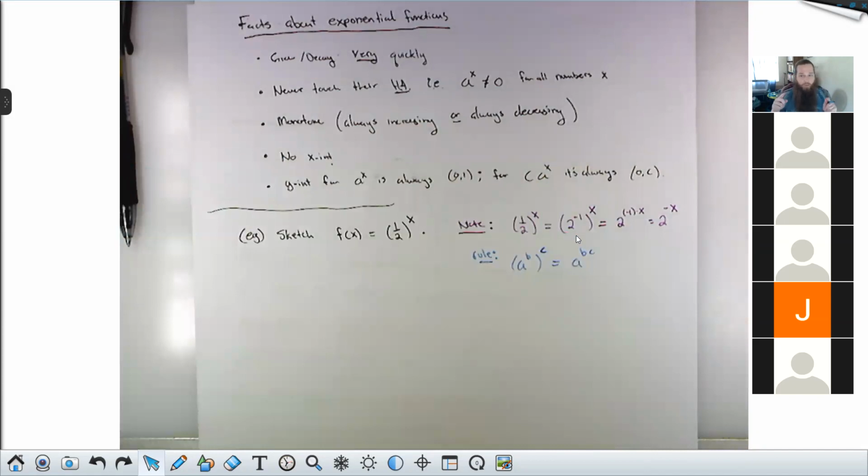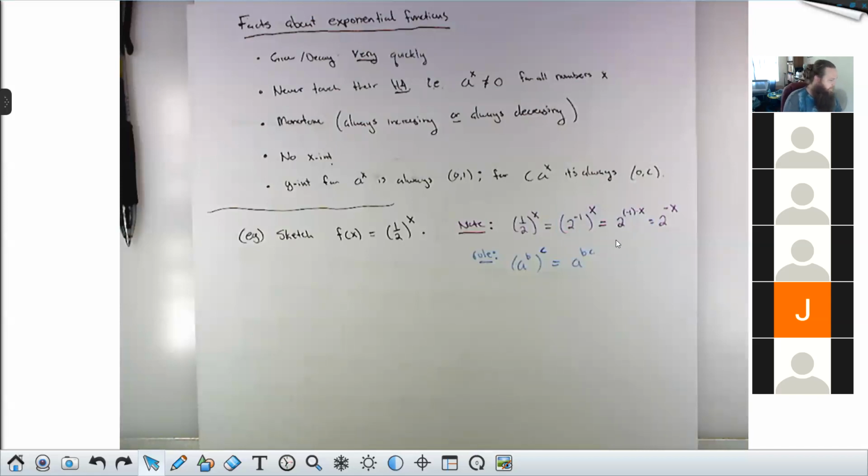And we're going to use this rule in both directions, where you factor the power and then bring one of those factors out, and also in the forward direction, like we used it here, where you've really got 2 raised to something, all raised to something else. So it's from here to here that I use this rule. 2 to the negative 1, all to the x is 2 to the negative 1 times x. When we learn about logarithms, by the way, there will be a similar rule.